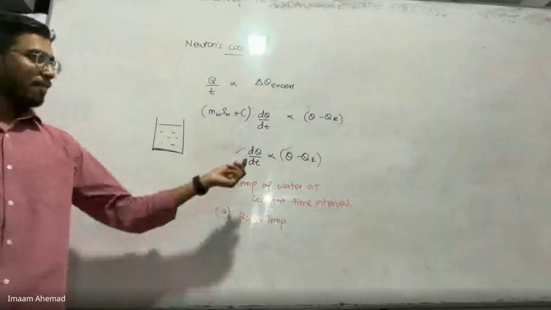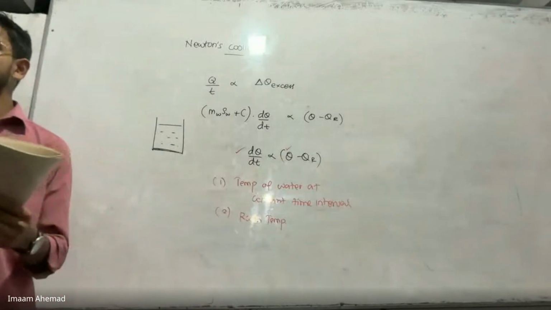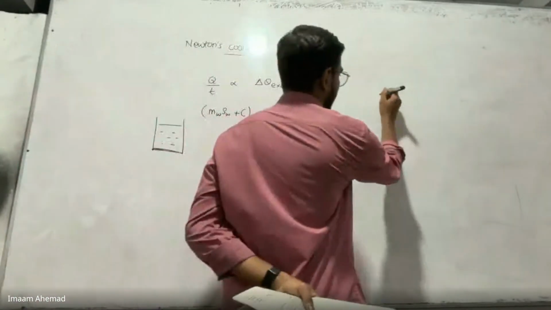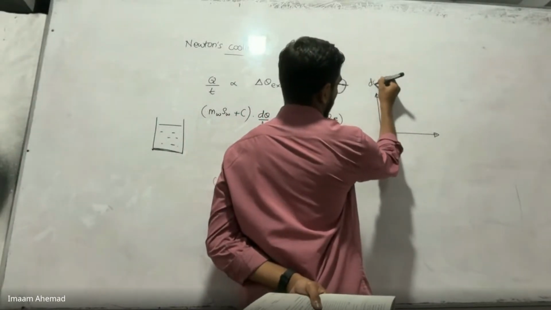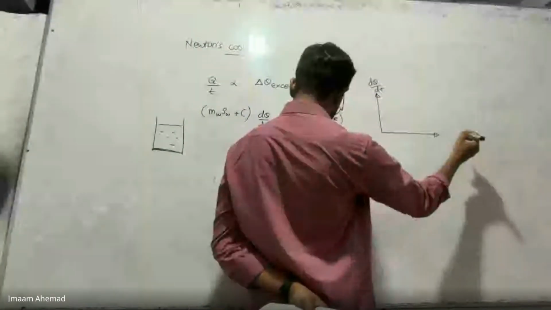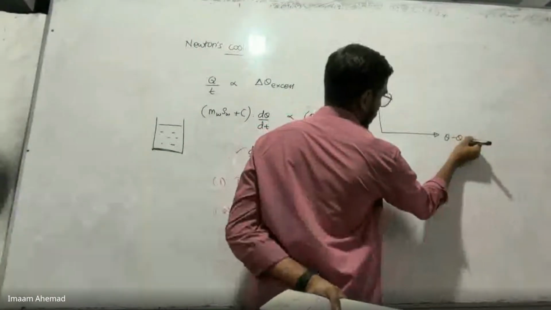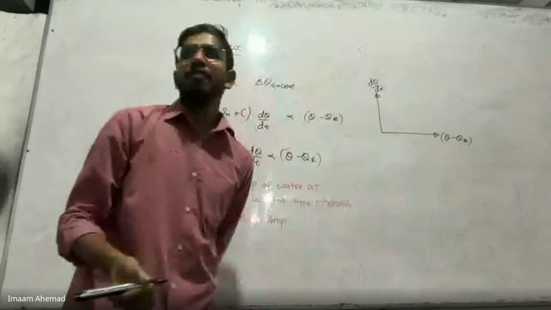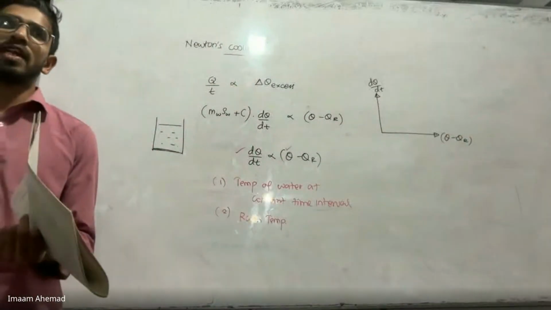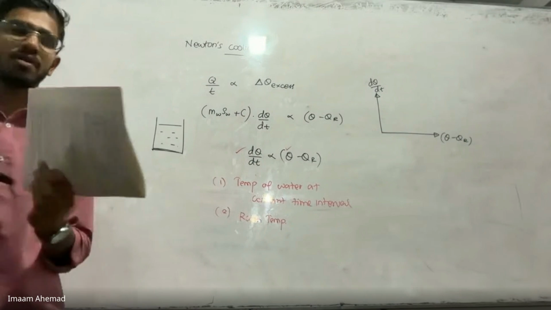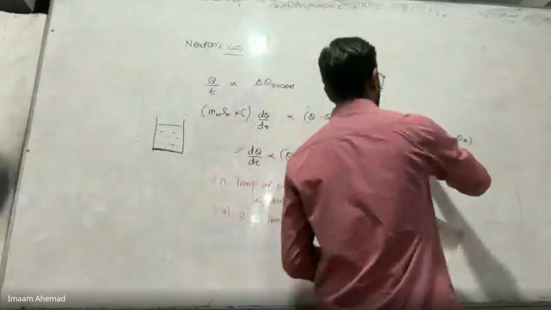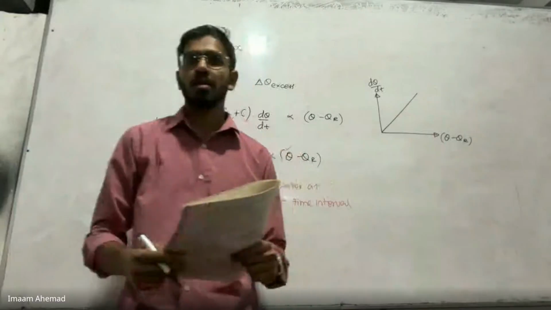So if we plot d theta versus theta minus theta r, what type of graph will we get? d theta dt versus theta minus theta r. If we plot this graph, what is the graph we will get? Y is equal to mx graph. Y is equal to mx. Okay.